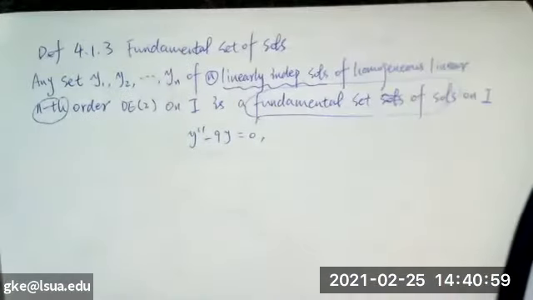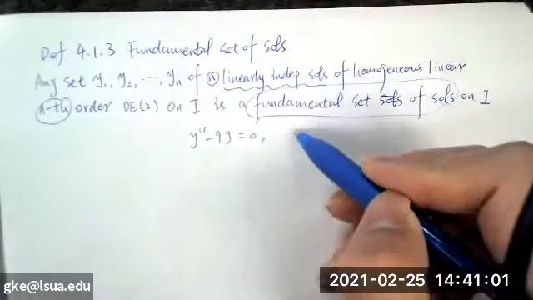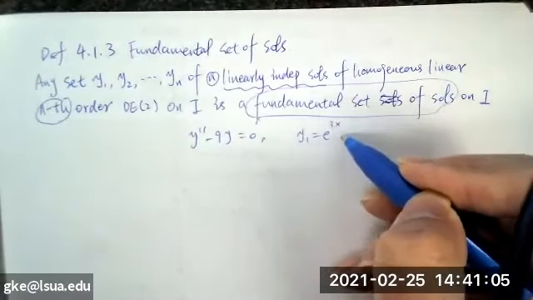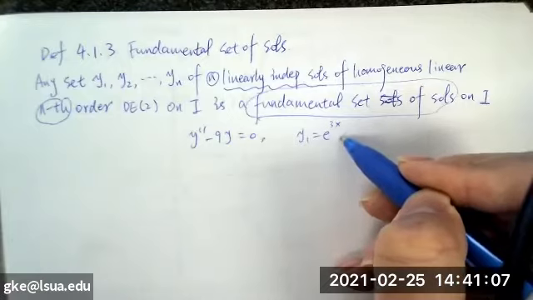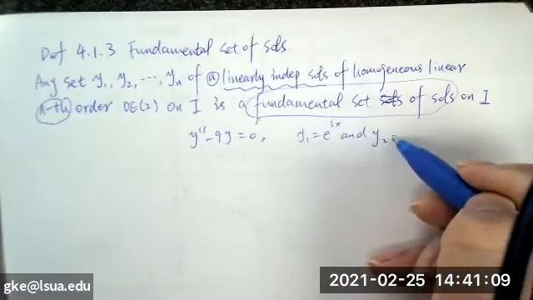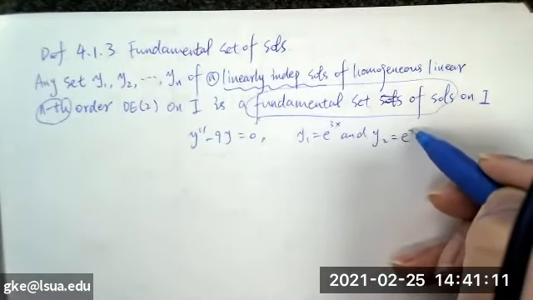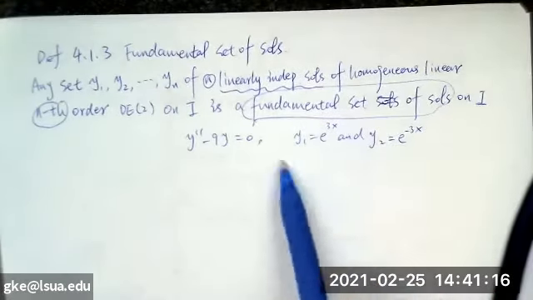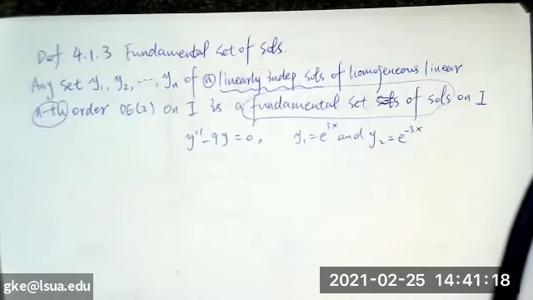For example, I have a second order equation, and I can find these two solutions. And we can see these two solutions are linearly independent.